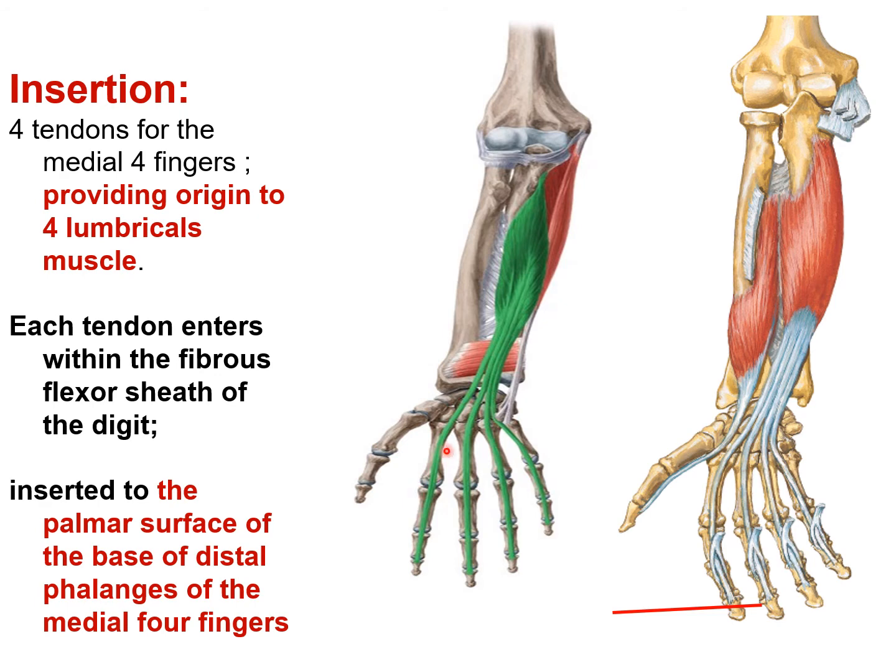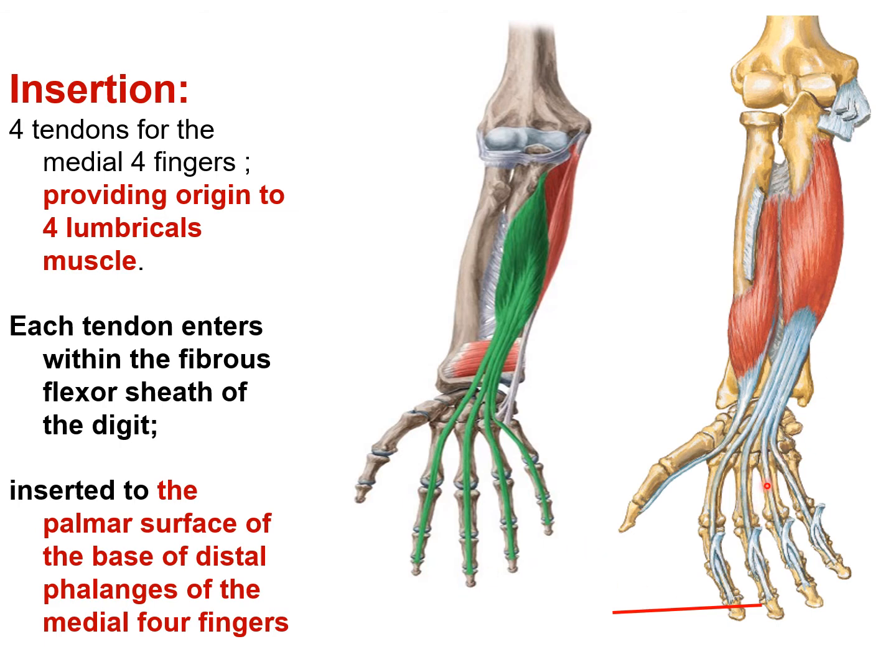Each tendon enters a fibrous flexor sheath of the corresponding digit, and opposite the proximal phalanx, it passes distally through the perforated tendon of flexor digitorum superficialis, finally getting inserted onto the palmar surface of the base of the distal phalanx of the medial four fingers.